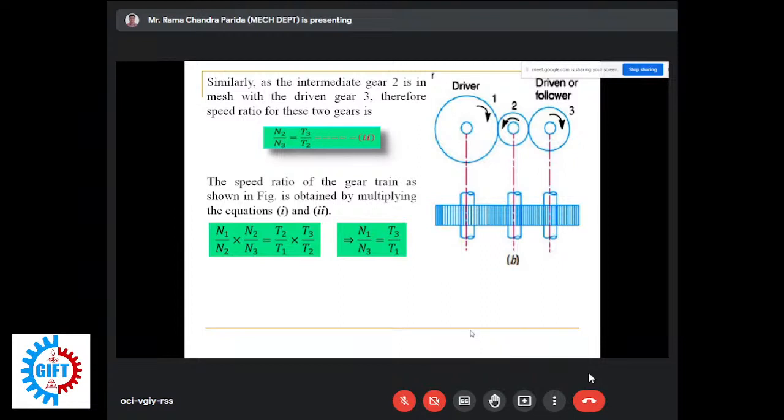The speed of the driver gear is 1000 rpm.